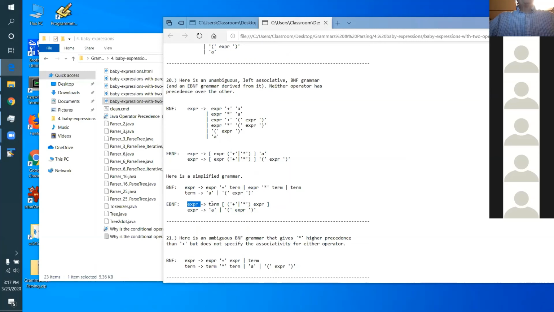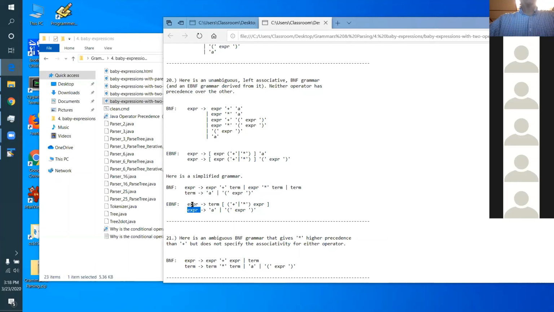Okay, the expression is, oh, there's a misprint here. Expression is a term. I think this one here is supposed to be term. Yeah. So expression is a term followed by addition or multiplication of an expression.